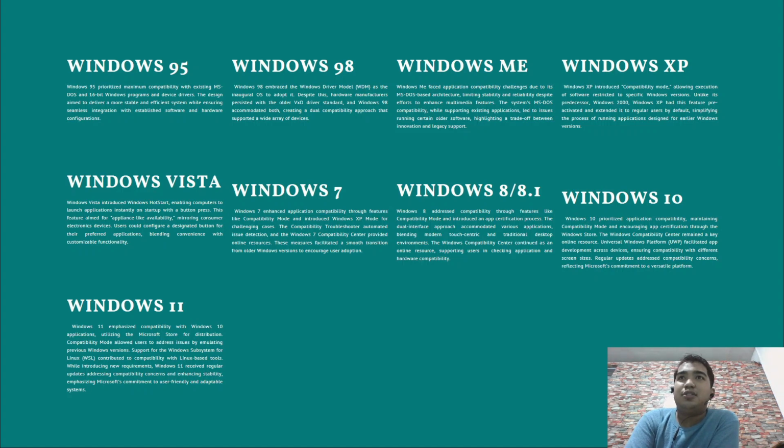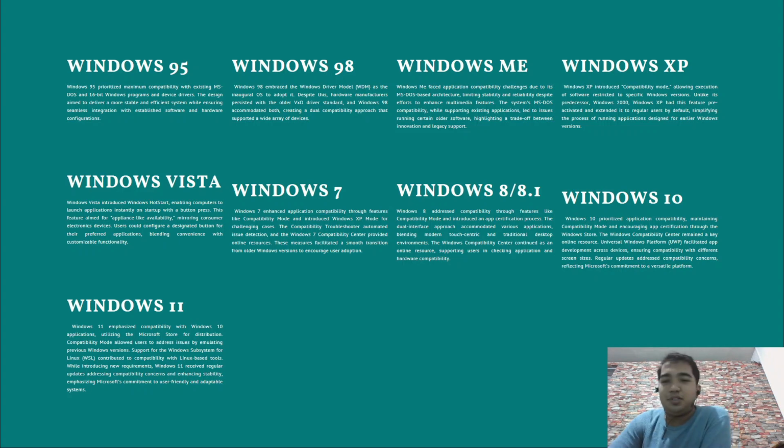Since then, from Windows Me to 11, they introduce compatibility mode, which allows the execution of software restricted to a specific Windows version. It started with Windows XP, and after which they have improved it by adding more and more to it, such as a compatibility center to provide online resources, a hot start to instantly start any application, and also a mirroring process.